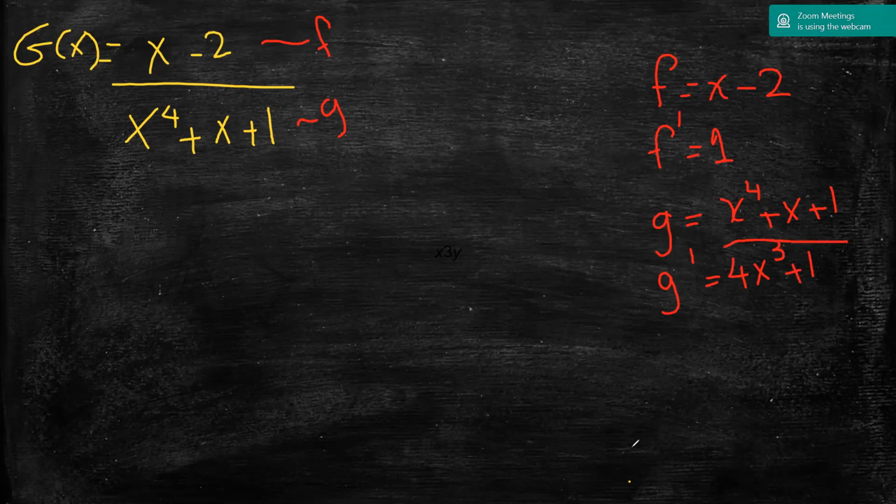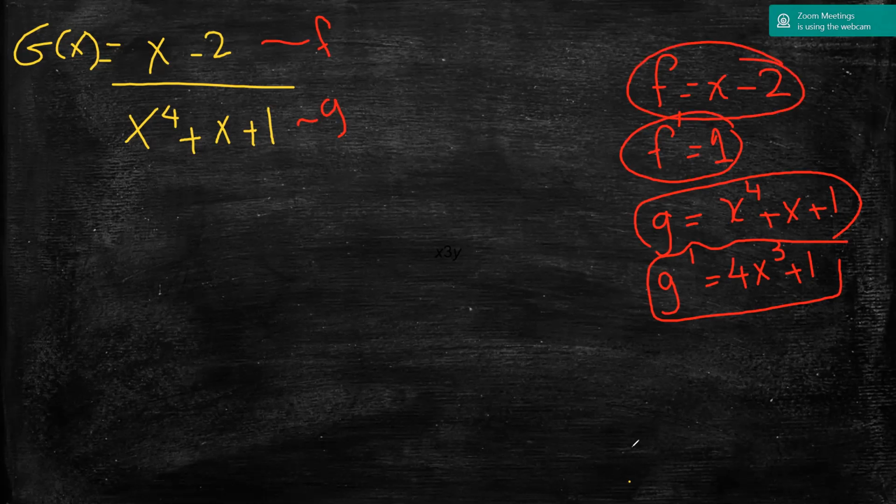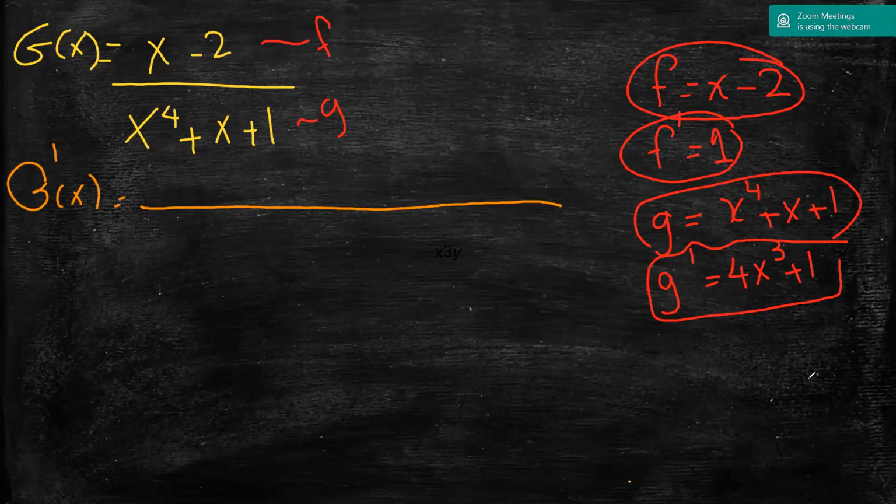So this is now g prime, this is now g, this is now f prime, and this is now f. Then g prime of x will be the denominator squared, which is x raised to the power 4 plus x plus 1 squared.